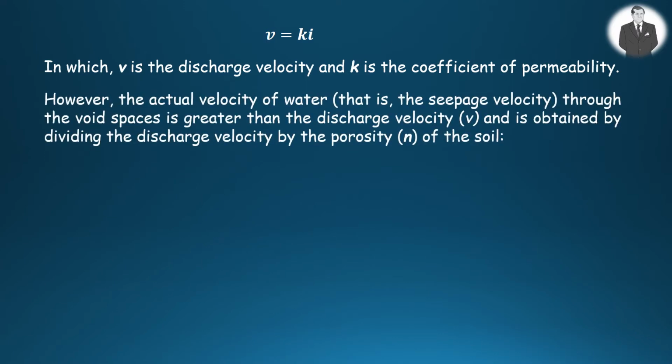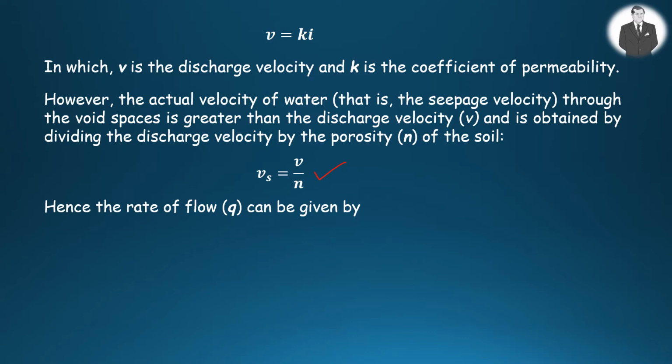Nevertheless, the actual velocity of water seeping through the voids of soil is greater than the discharge velocity and can be given by dividing the discharge velocity by the porosity of soil as illustrated here.